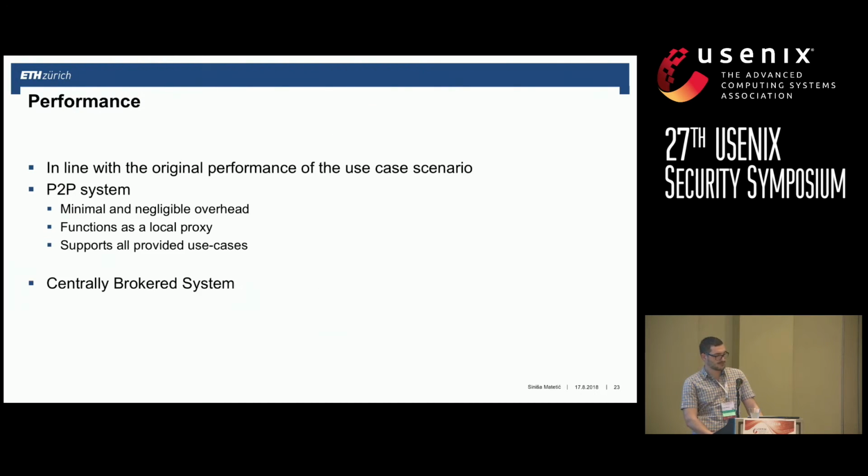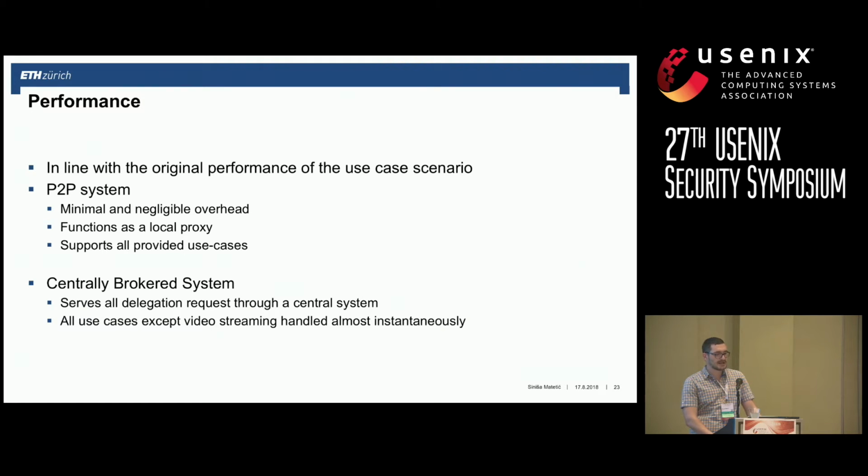Just to go quickly through the performance, the performance is in line with the original performance of the use case scenarios, so the deviation of the performance of a specific service operator is greater than the overhead that we have here. In terms of a peer-to-peer system, you don't even feel any overhead because the actual proxy is residing on your machine. When it comes to the centrally brokered system, of course, it needs to go through a cloud environment for you to actually get traffic.